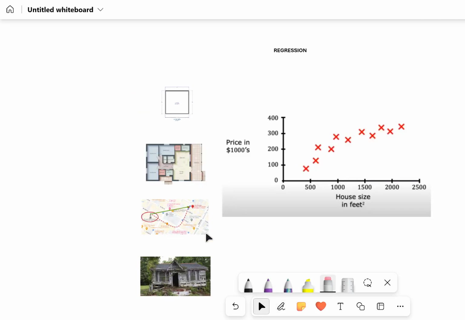So what does this look like in reality? So we're going to be looking at a scenario for house price predictions. What we have with the X's are data. This data is historic data of different houses which have been sold.